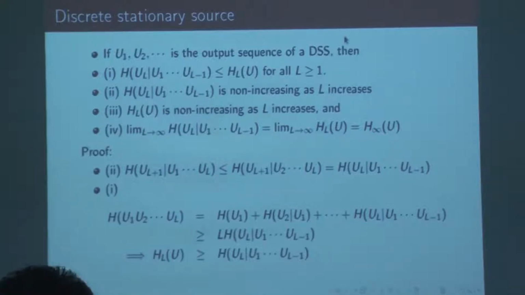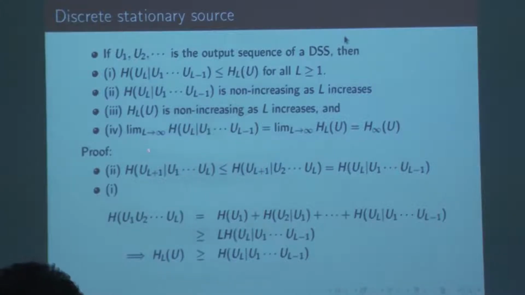So what we need to show is that as L goes to infinity, H of LU is less than or equal to this, and then we will say both these conditions can only be satisfied when they are equal.